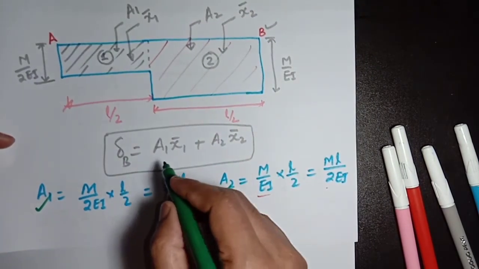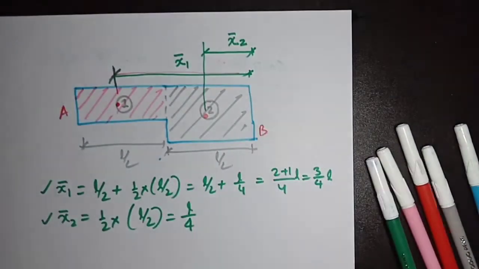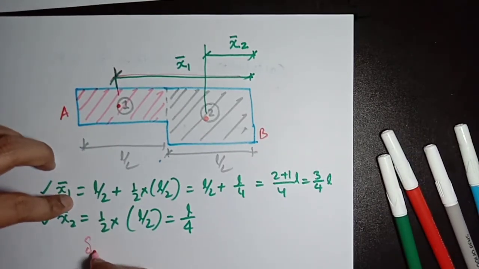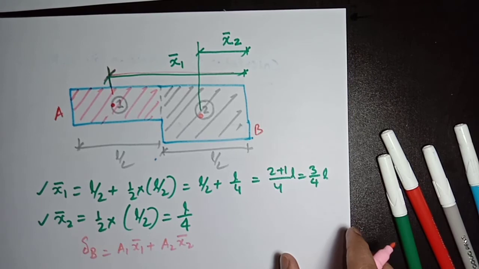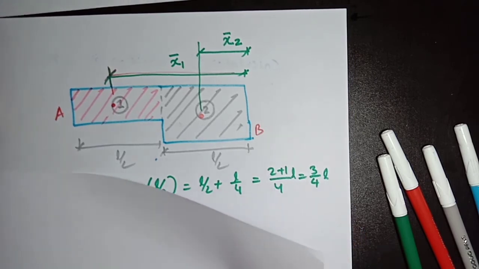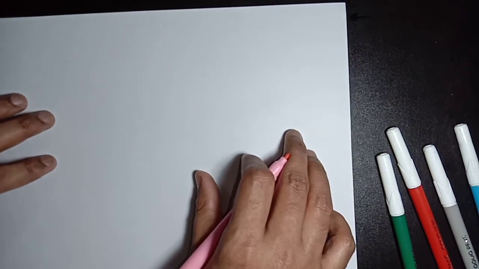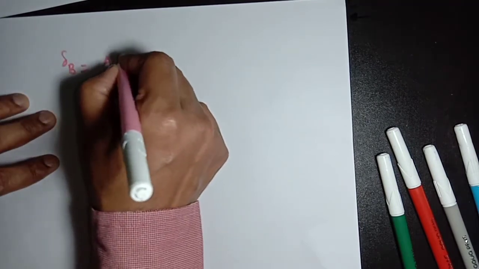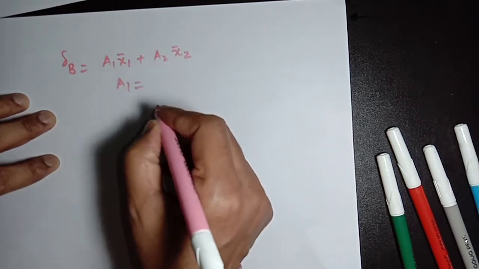So delta B will be calculated as A1 x1 bar plus A2 x2 bar. Here A1 equals how much?